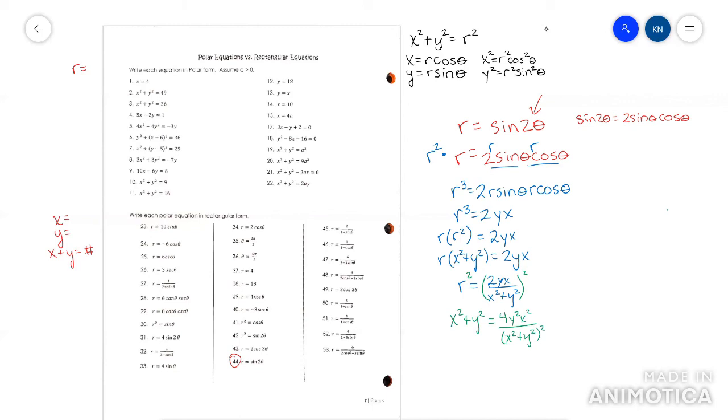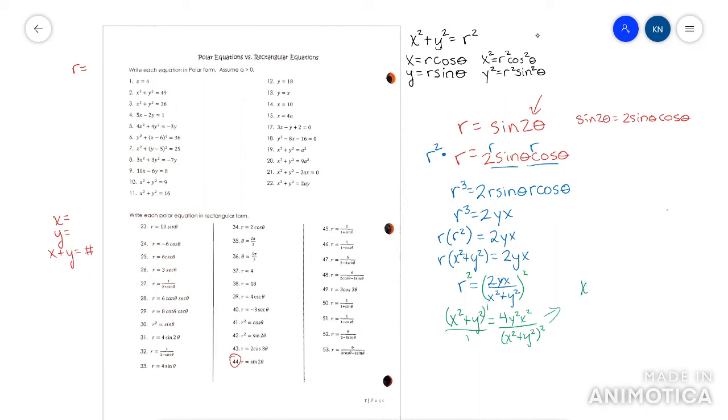So you did it. You got rid of all the x's and y's. I mean, all the sines and cosines and r's. Now you're left with this very not nice equation. If you wanted to clean it up a little bit, you could basically cross multiply. So you have x squared plus y squared to the 1 times x squared plus y squared to the 2.